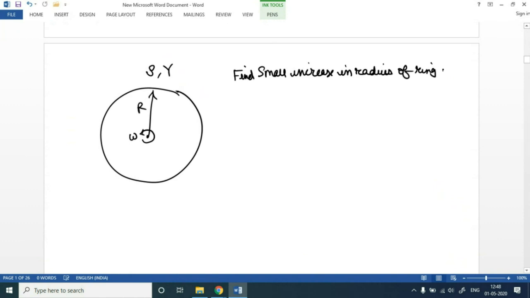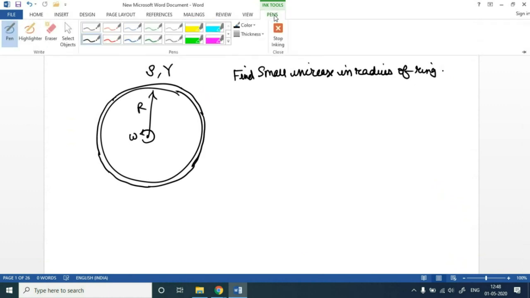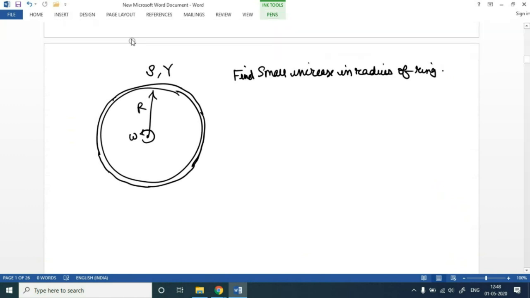Now let's imagine this to be a very, very thin ring of cross sectional area A, and let's say that is uniform. Let's take a small element of this ring, which subtends an angle d theta at the center.